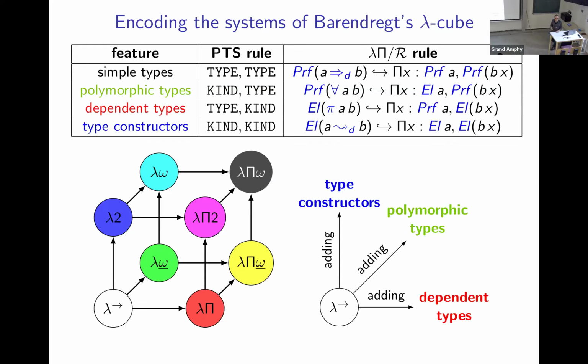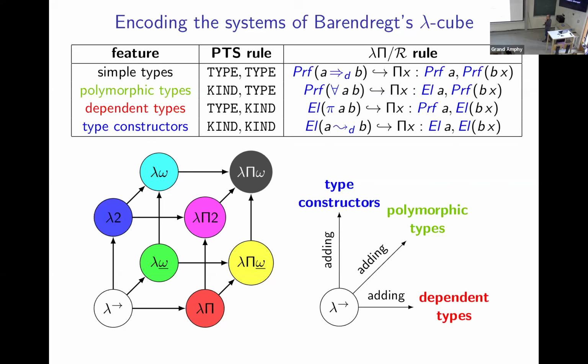No, but I mean, if you move along the y-axis, you're getting lambda 2, but that's the polymorphic axis. Yeah, I think polymorphic types and type constructors are just switched on the diagram on the bottom. I mean, the two graphs are not consistent because you should switch polymorphic types with type constructors on the right diagram.